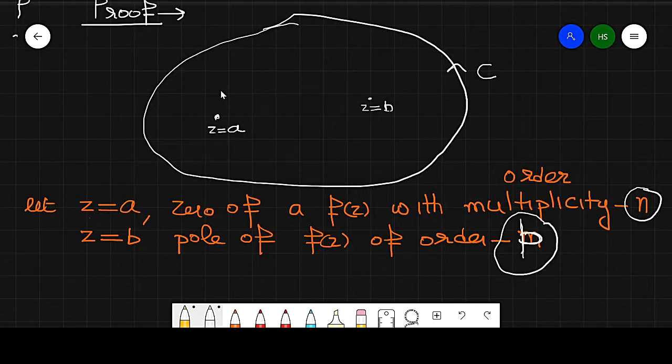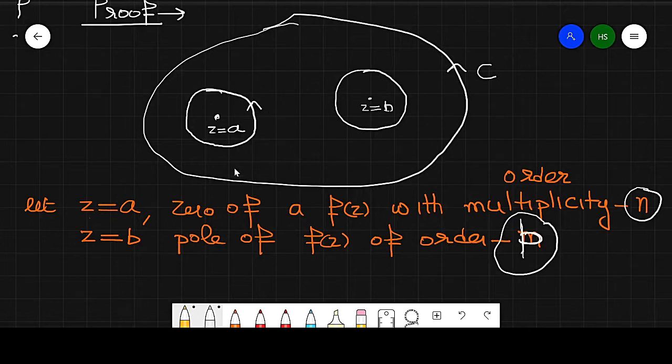Now if I draw a circle inside C around a, it is a neighborhood of a, and similarly a neighborhood of b. So this is a neighborhood of a and this is a neighborhood of b.